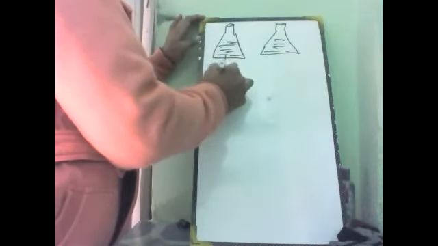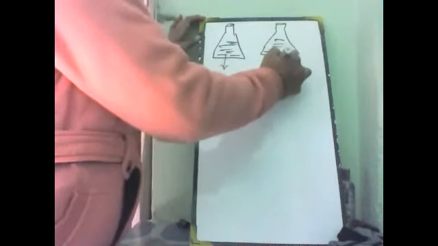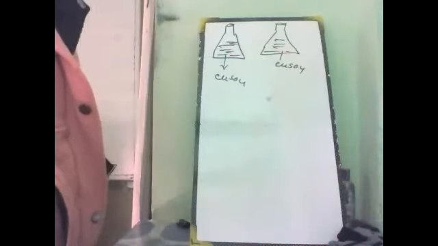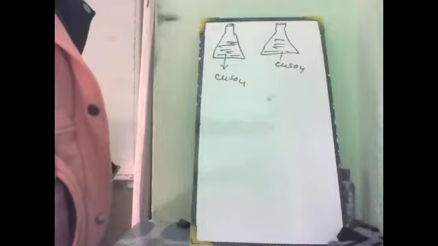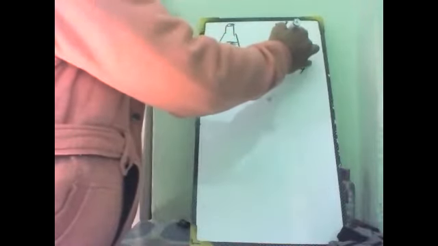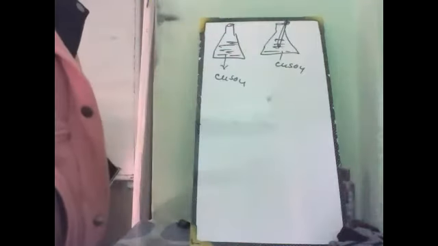Then add an iron nail to one of the flasks. Put the iron nail in one conical flask, and observe for some time.